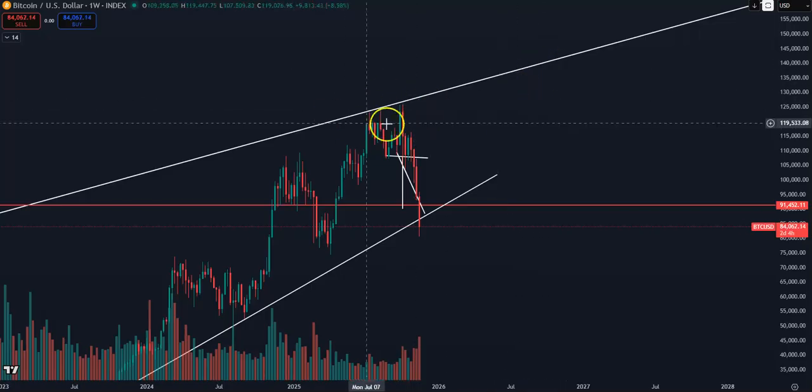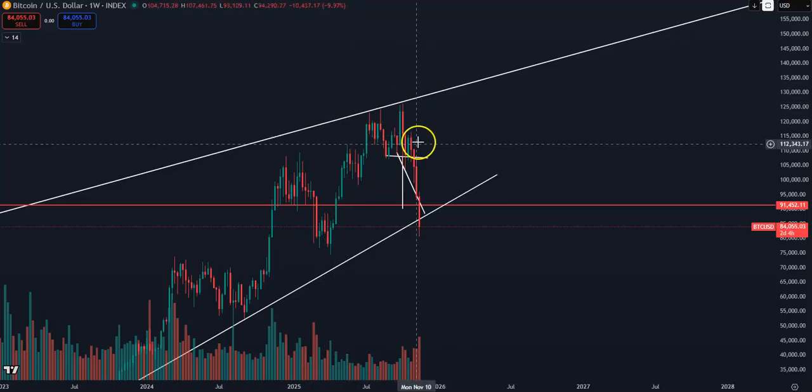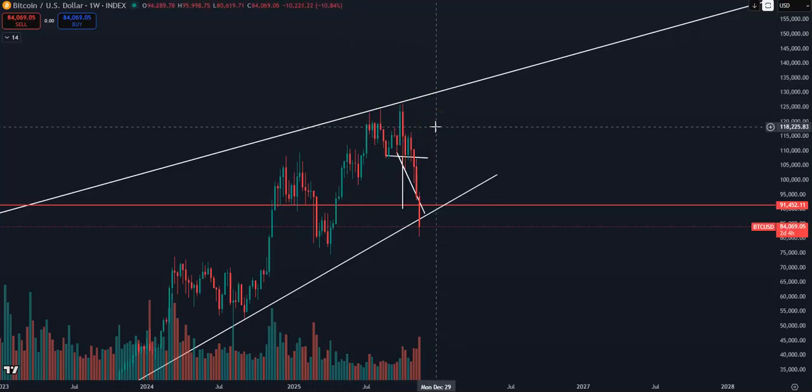But these are the things that don't get discussed, and this is why TA is so important. This is why learning your trend lines, your supports, and your resistances are so important. Because in watching these videos, people will tell you their thoughts based on what they believe, but you've got to be able to pull it up, and it has to make sense on these charts.